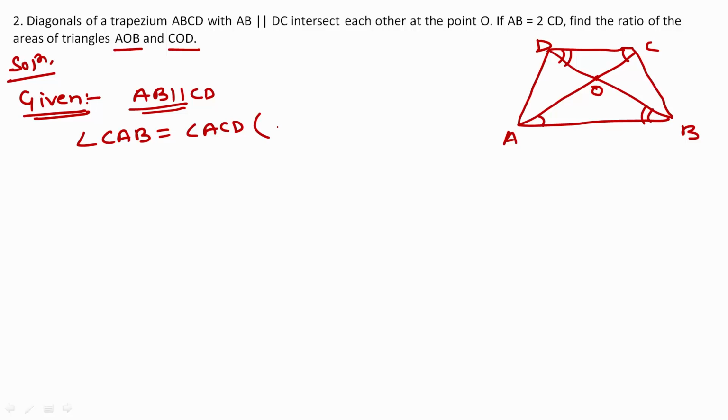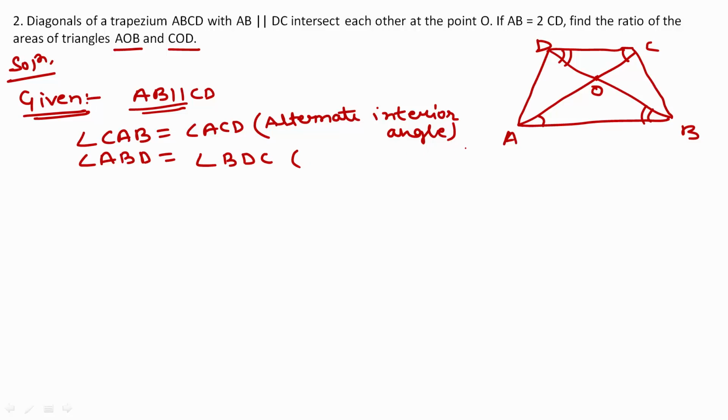From which property? Alternate interior angles. And number second, angle ABD is equal to angle BDC. From which property? The same property, alternate interior angles, as AB is parallel to CD.